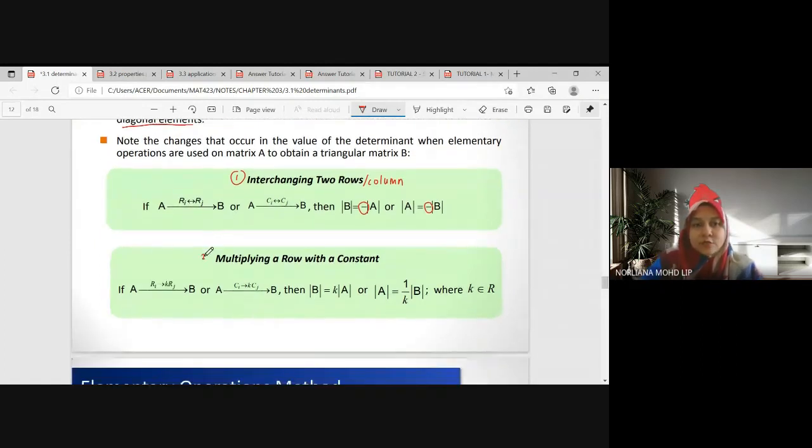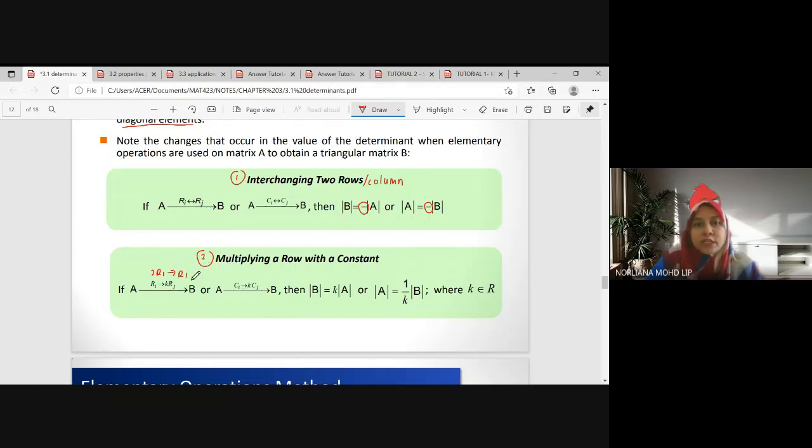The second operation is the multiplication of a row with a constant. For example, if we want to reduce matrix A to matrix B, we use 2R1 transform into R1.